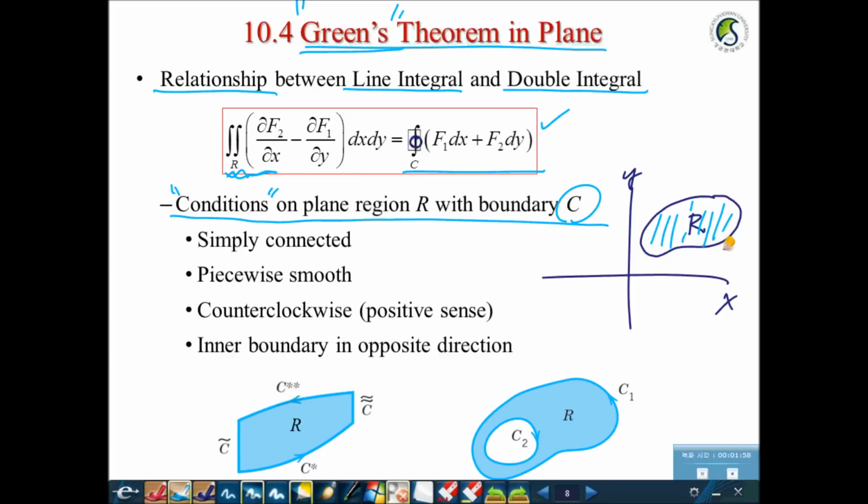Then this region is bounded by some curve C. That's the situation.